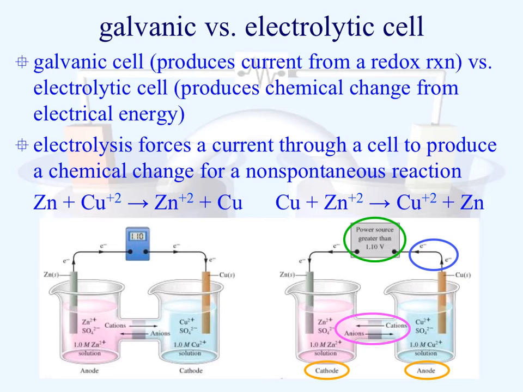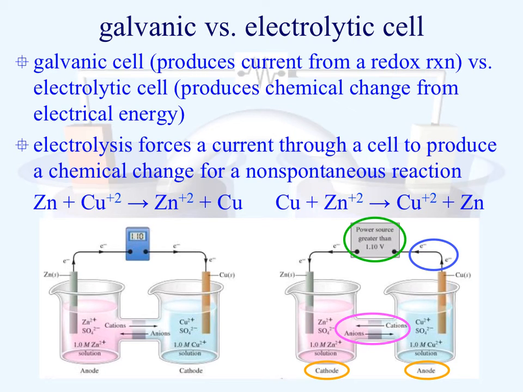We take the redox process and harness the electrical current that's being produced, so that's why we see our voltmeter. An electrolytic cell produces a chemical change from electrical energy. Electrolysis forces a current through a cell in order to produce a chemical change for a non-spontaneous process.